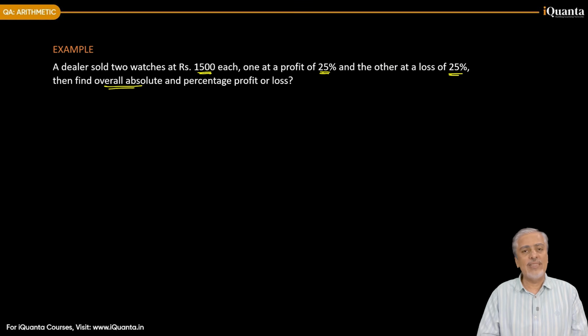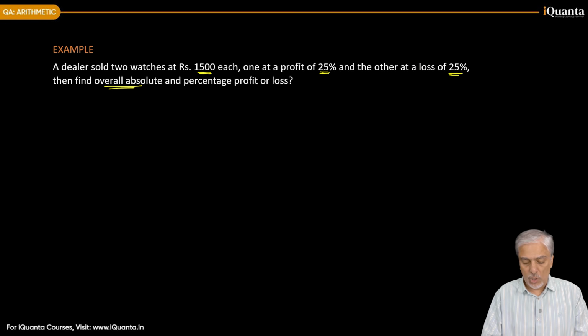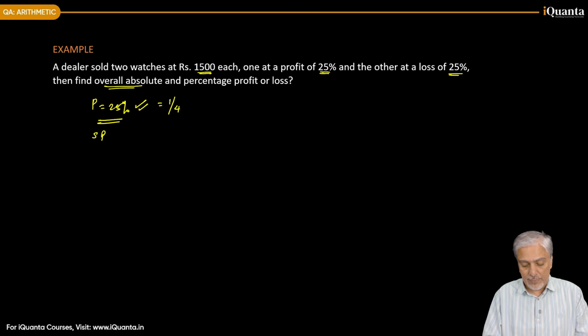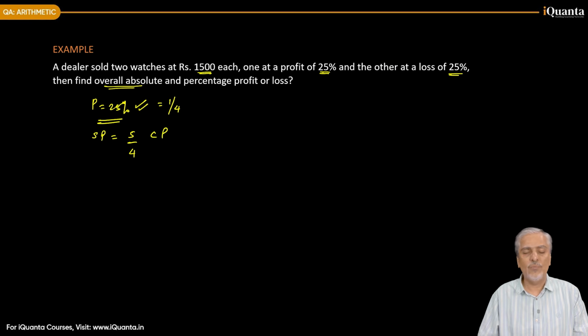Let's take both the articles separately. The first watch was sold at a profit of say 25%. When I say profit is 25%, what does it mean? Selling price is 125% of the cost price. 25% is 1 by 4, so I can say selling price is 5 by 4 of the cost price, right?